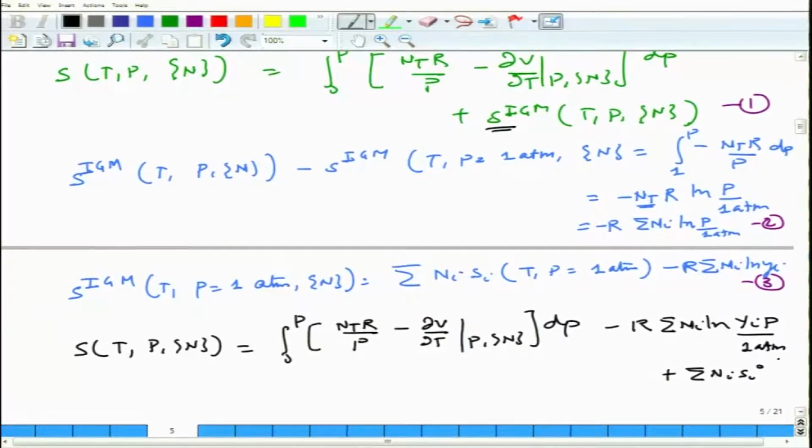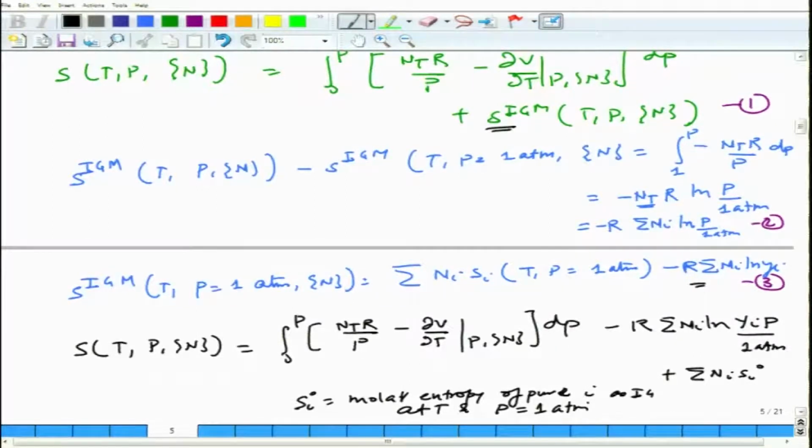What we have done is combine these two, this one and this one, and this term we have written simply as Ni Si0, where Si0 is nothing but the molar entropy of pure i as an ideal gas at T and P equal to 1 atmosphere. Okay. So, this is the expression we got.